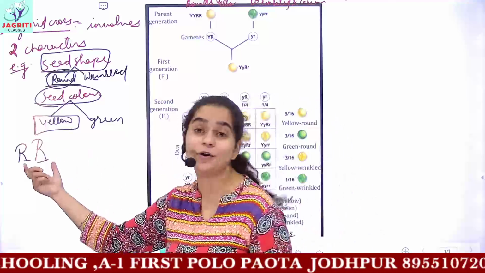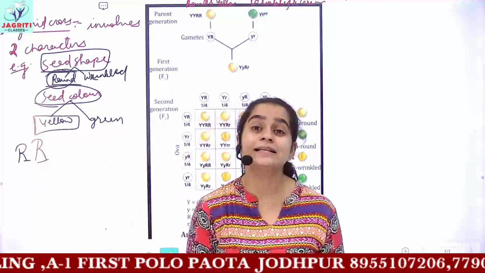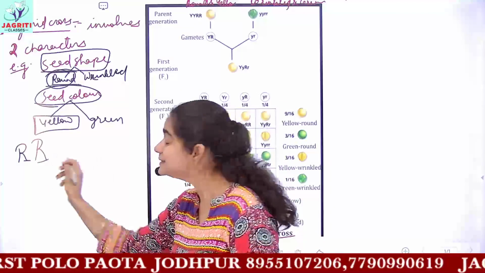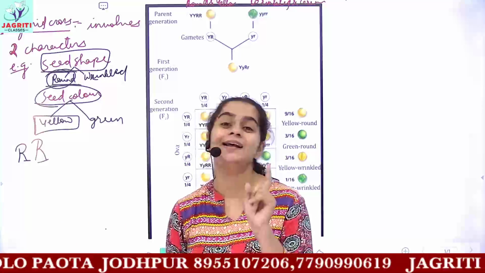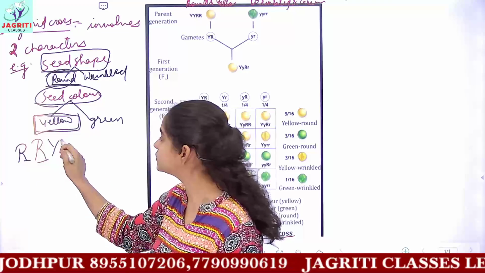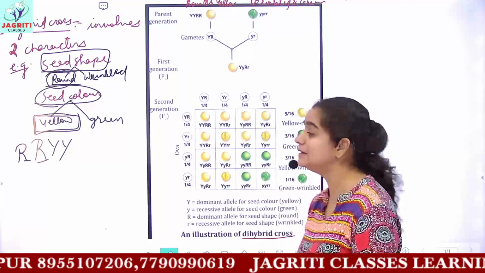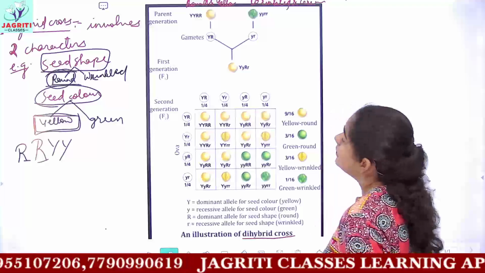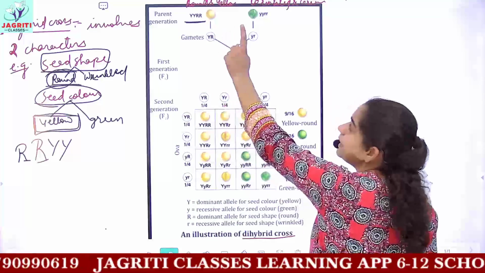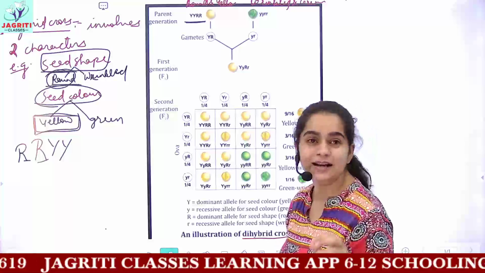Because these round seeds will have two alleles, and the parents are pure or homozygous. It means they will have the same allele, capital R and capital R. And for the yellow color, because it is dominant, we would use the alleles capital Y, capital Y. This gives you the genotype of the first parent: capital R, capital R, capital Y, capital Y.